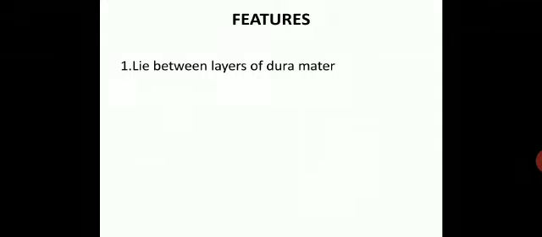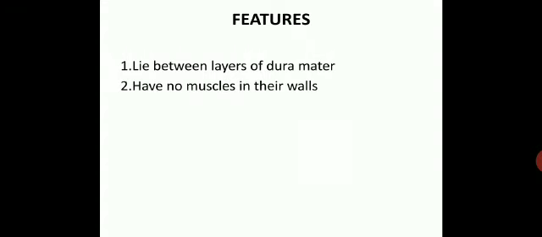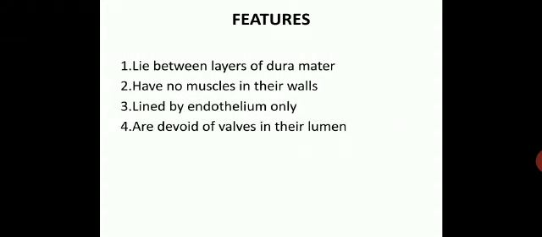We have seen the dura mater is having the outer endosteal layer and the inner meningeal layer. So, between these two layers, these venous sinuses will be present and they don't have the muscles in their walls. They are lined only by the endothelium and they are devoid of valves in their lumen.